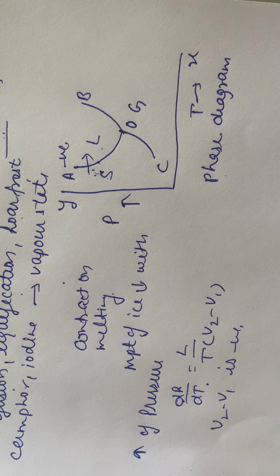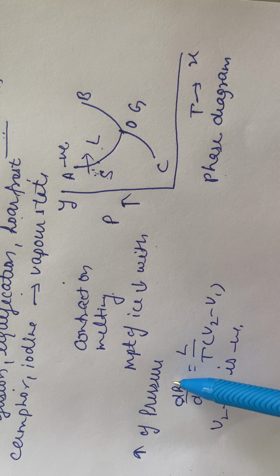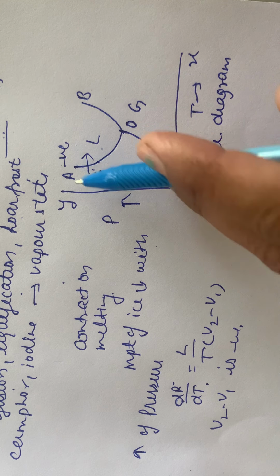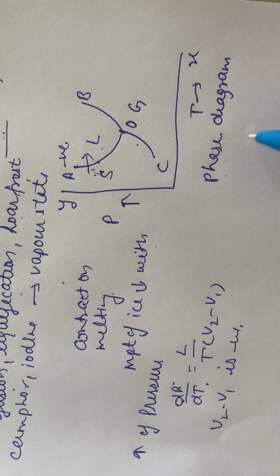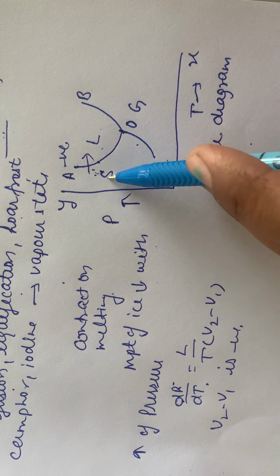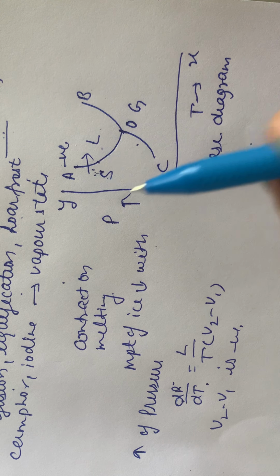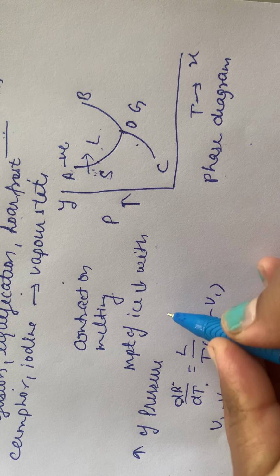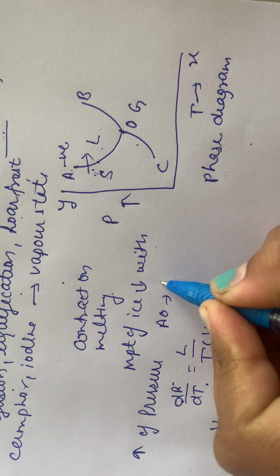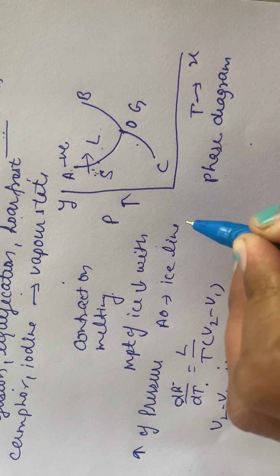We know ice on melting decreases in volume, which means the melting point of ice decreases with increase of pressure. The curve AO in this phase diagram represents the equilibrium state between ice and water and is called the ice line.